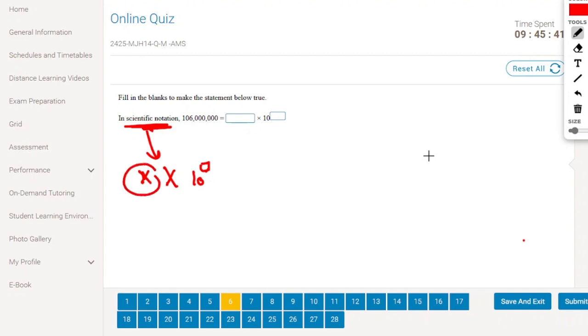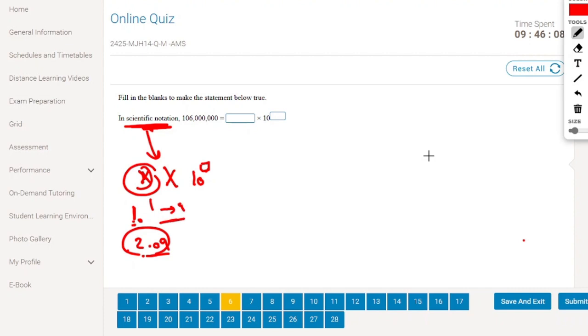So this number has to have one digit before the decimal point, like 2.09, for example. This is the scientific notation, and it will be any number from 1 to 9.